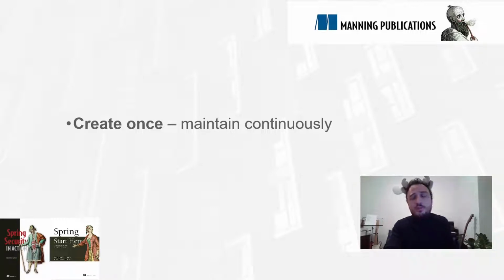Of course, you have to maintain the application continuously, which means you always add new features and correct bugs if that's the case. But in terms of implementing the app, you only have to create it once.